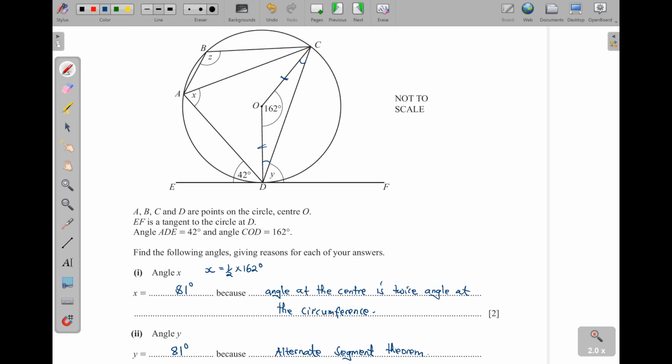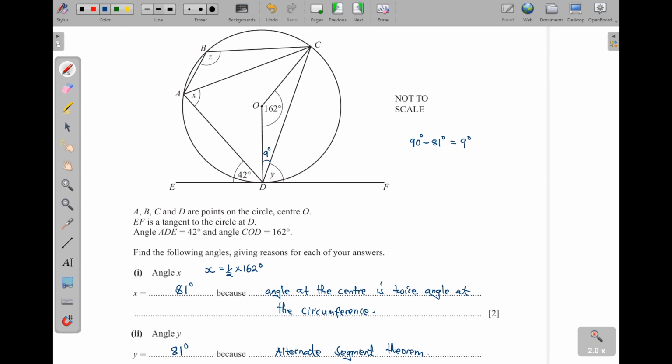Since we have even gotten y, the angle between the radius and the tangent is 90 degrees, right? So we shall say 90 minus y, which y we got as 81. This gives us 9 degrees. So here we shall have 9 degrees.